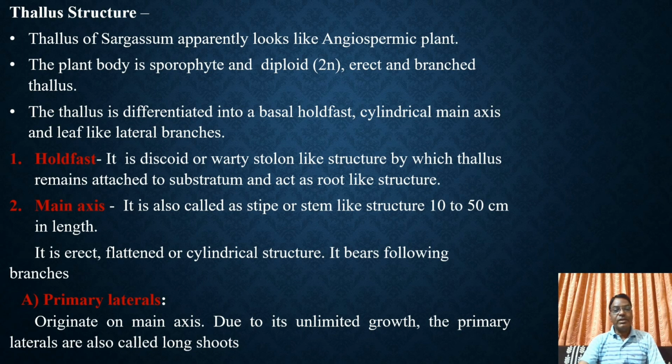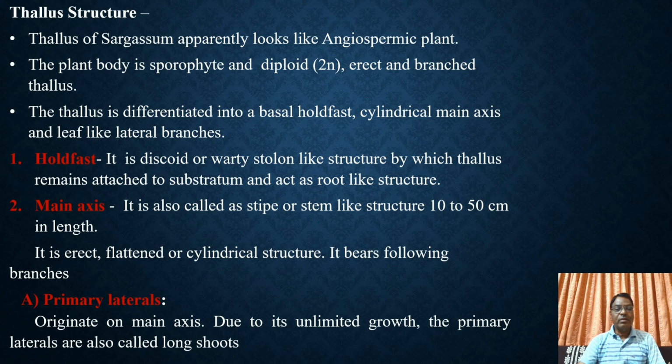Then second is the main axis. This main axis is also called the stipe or stem-like structure, and the length of this stem-like structure ranges from 10 to 50 centimeters, depending upon the species.